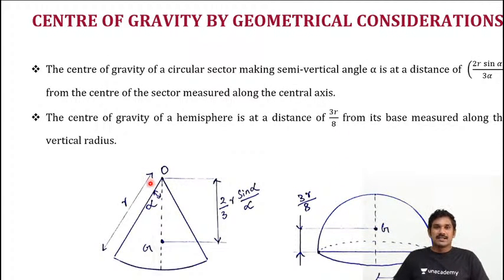Next, for a circular sector, remember, with radius r and angle alpha, from the midpoint the distance to the CG is 2 by 3 r sin alpha by alpha, where about the vertical axis it is symmetrical, so the CG lies on the vertical axis. Coming to the hemisphere, from the bottom the height is 3r by 8.